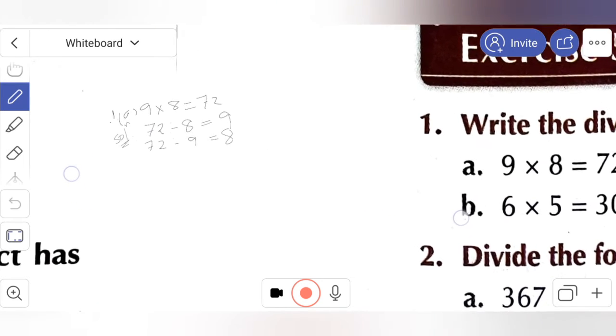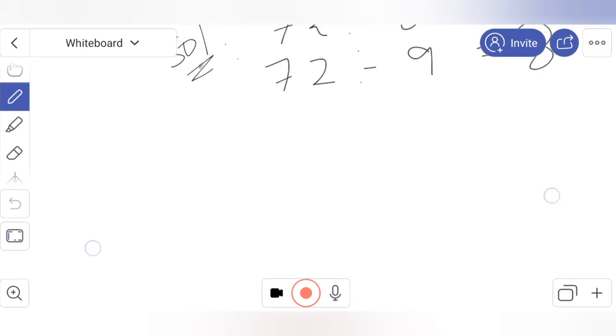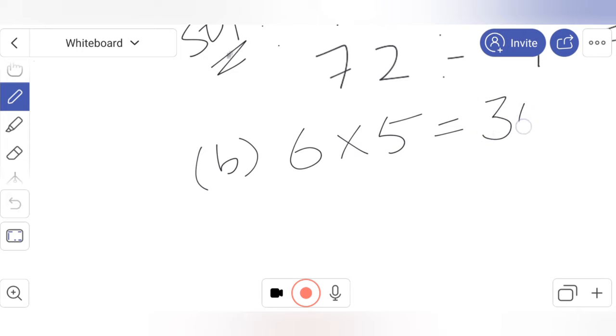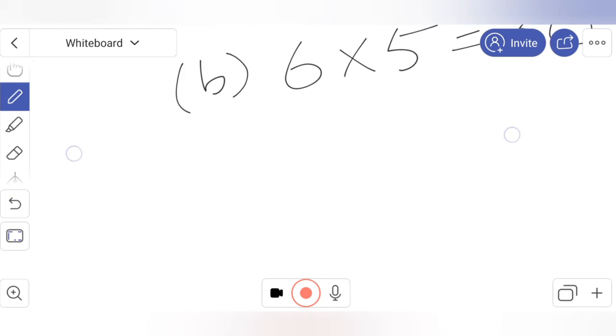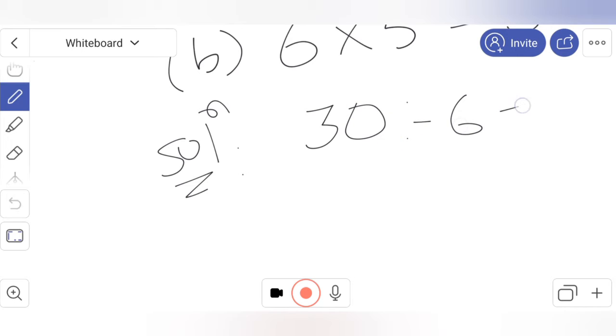We have got 6 into 5 equal to 30. So number B, 6 into 5 equal to 30. So now how will you write? 30 divide 6, it will be 5, and 30 divide 5 will be how much?